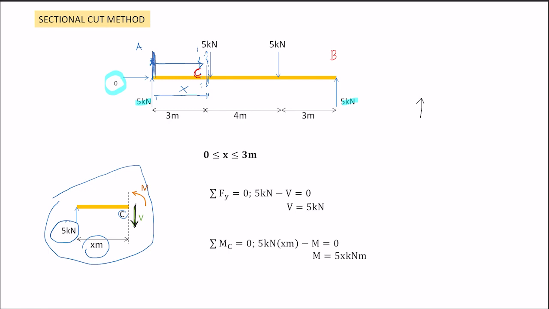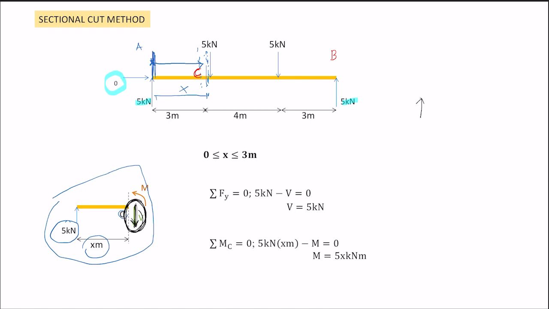Here you cannot use the way you find the reactions. When you calculate SFD and BMD, like in the previous principle of moments, I said we can assume first, and if we get a negative value, it means it is the other way around. But for this one, you cannot use that kind of assumption. We must always assume that the reaction when we cut it, for vertical force, the shear force here, goes down.